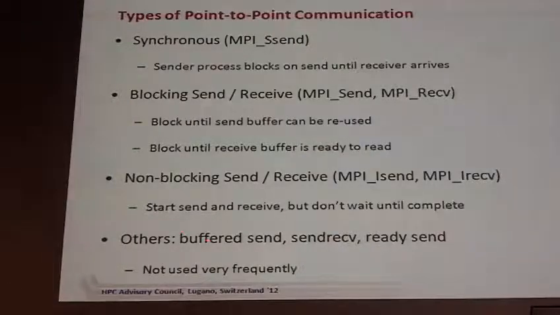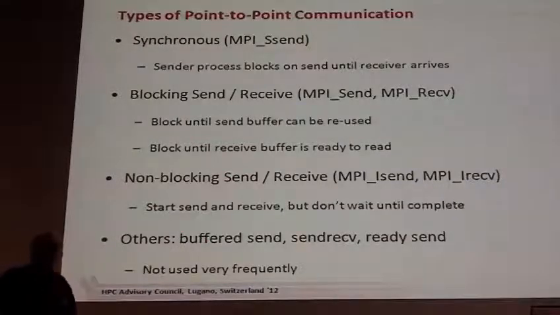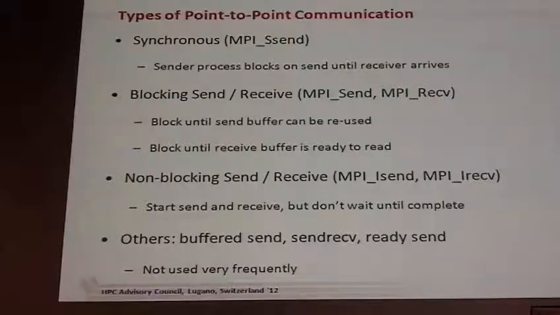Now these days with modern networks, especially InfiniBand, iWARP, RoCE, those kinds of platforms, we have RDMA. So there is a decoupling between how we initiate the operations and what happens over the network. And this is where non-blocking features can help you. Instead of blocking, you can use MPI I send or MPI I receive.